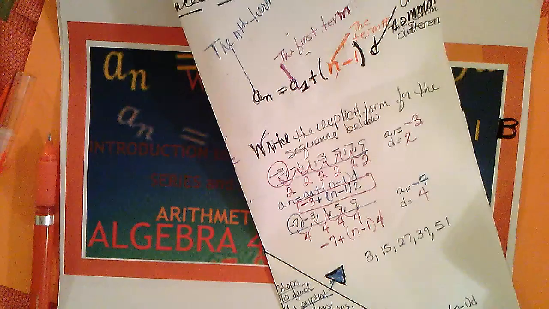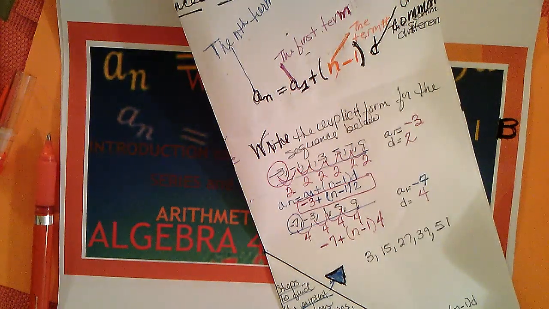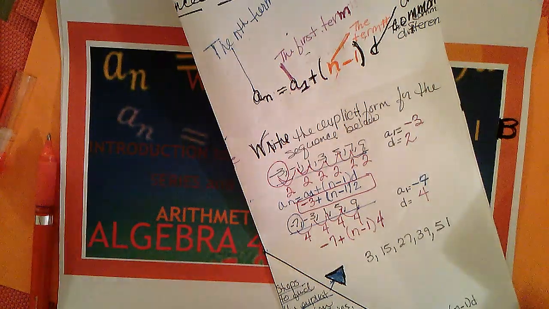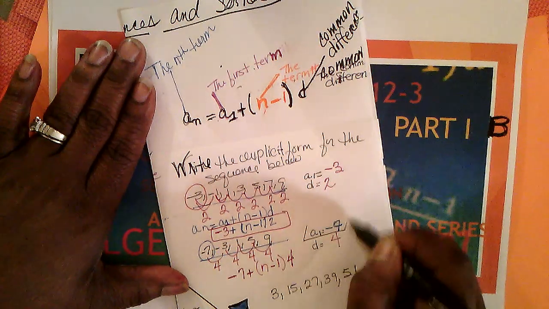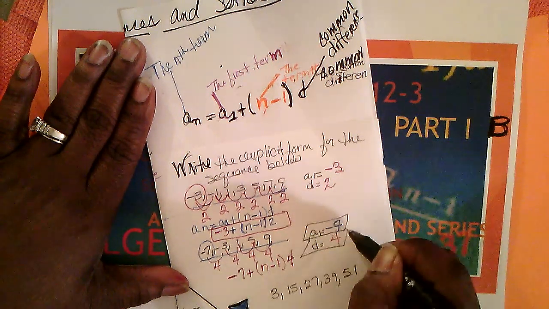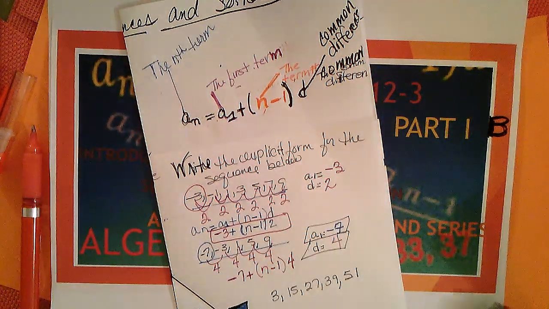Now remember, our objective is to find the indicated terms of the arithmetic sequence. So these are all key information that we're going to need to move to the next step.